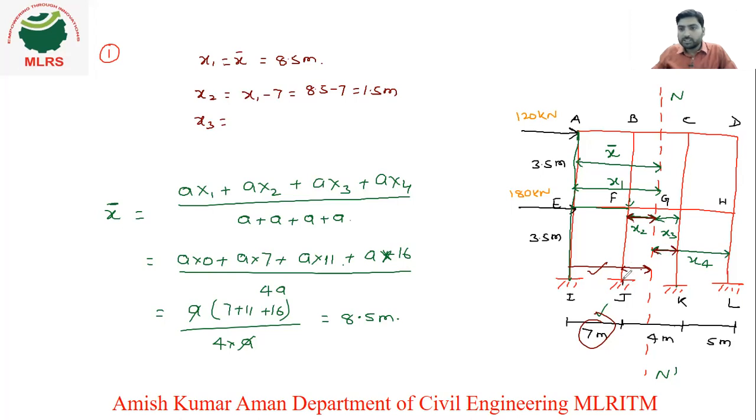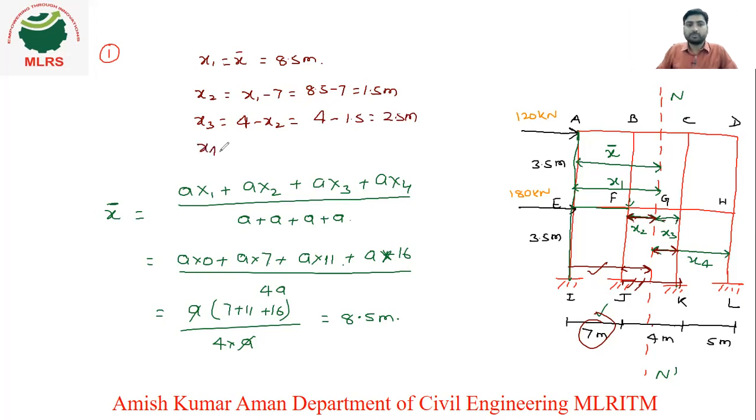What is the total distance from here to here? That is 4, right? So if you remove this x2 from 4, what will be the remaining? x3. So x3 is 4 minus x2, which is equal to 4 minus 1.5, which is equal to 2.5 meter. So this x3 is 2.5 meter.